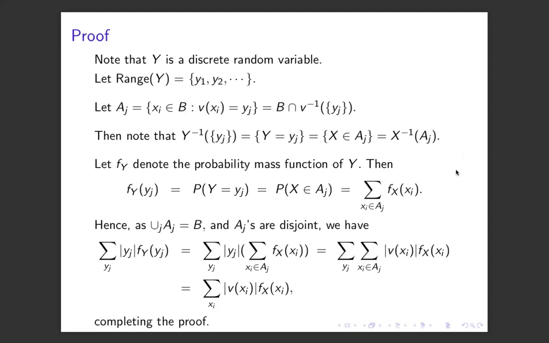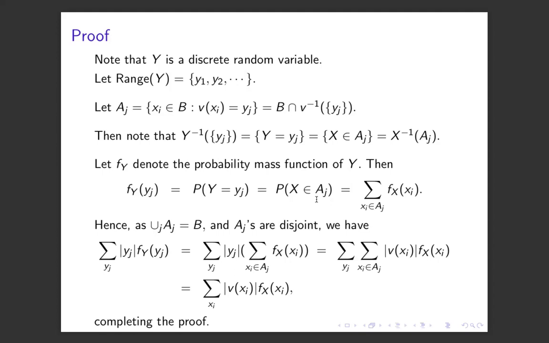So let little f sub Y denote the probability mass function of Y. For the probability mass function of Y, we need to bother only about the values at points in the range of Y, the image of the set B. From what we have noted here, f sub Y at the point yj is nothing but the probability that the random variable Y takes the value yj, which is the probability that X takes a value in Aj.